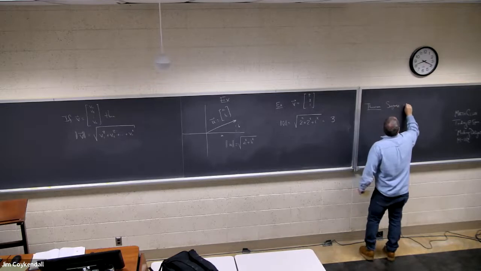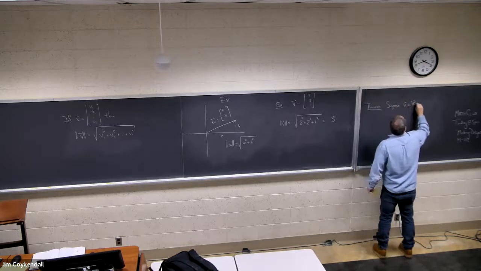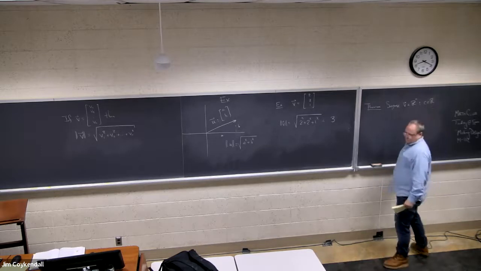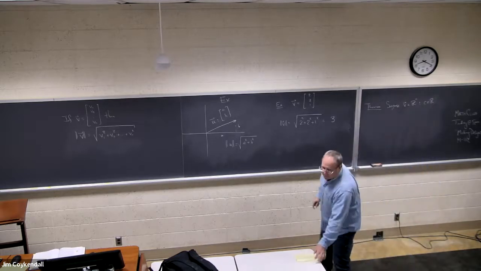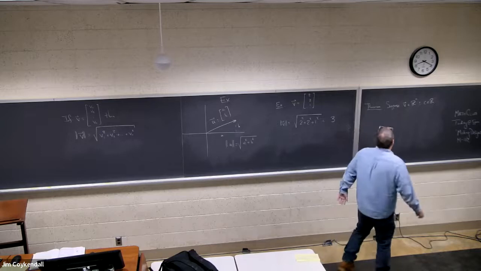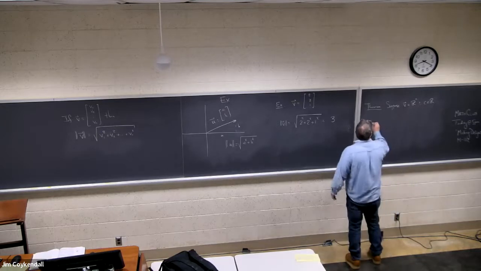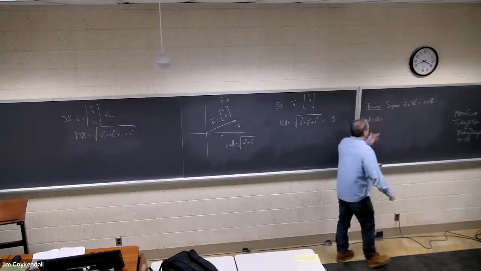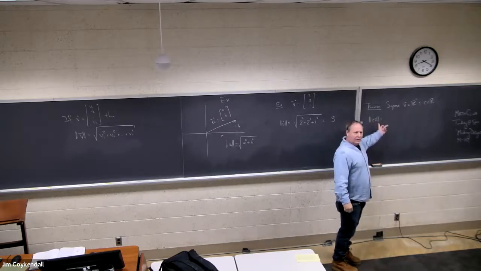Suppose we have vector B in Rn and C a real number. Then, if you look at the length of C times B, anybody want to guess what this is?